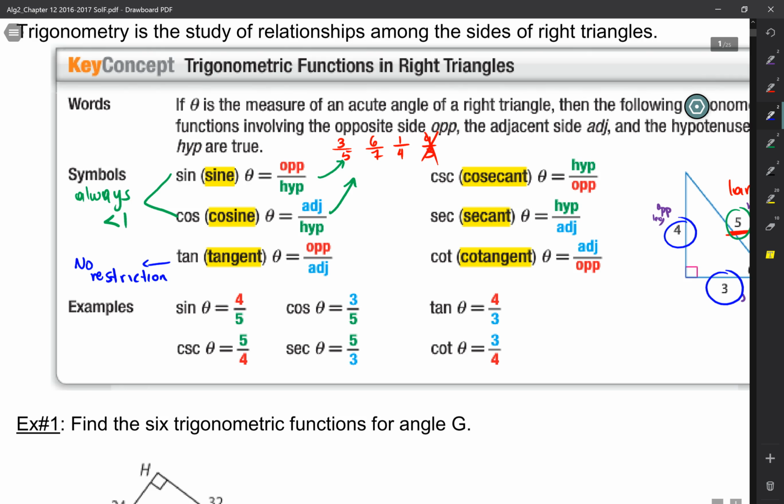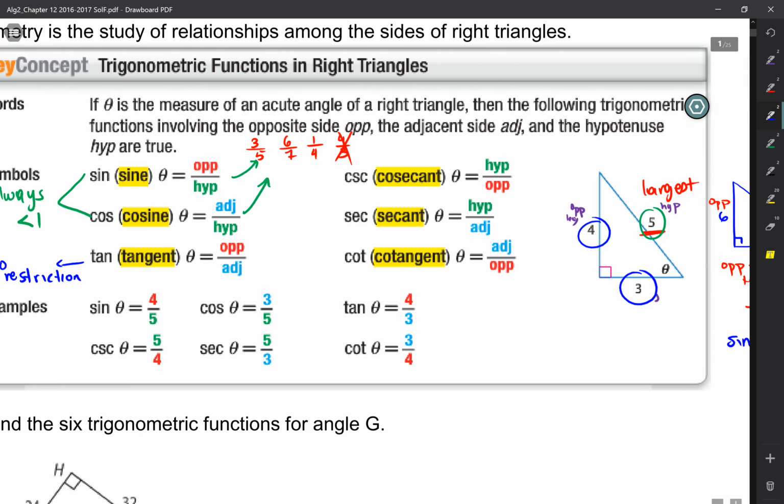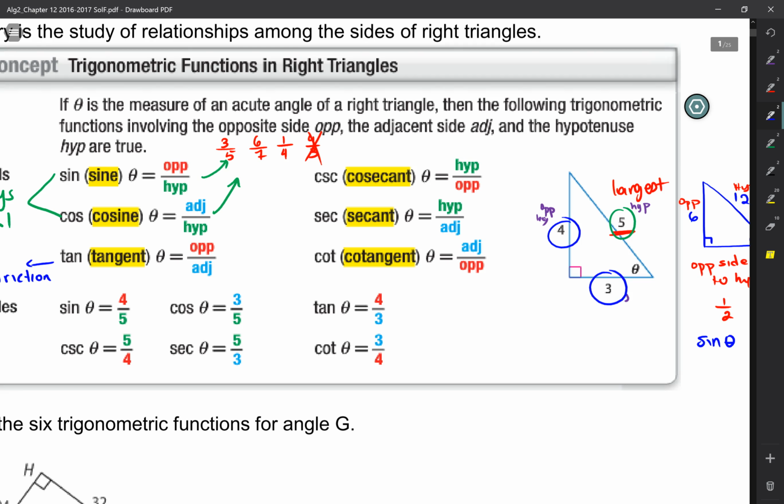All right. Now, if opposite over hypotenuse is sine, we can compare it the other way. Hypotenuse over opposite, that's cosecant. Hypotenuse over adjacent, that's secant. Adjacent over opposite is cotangent.